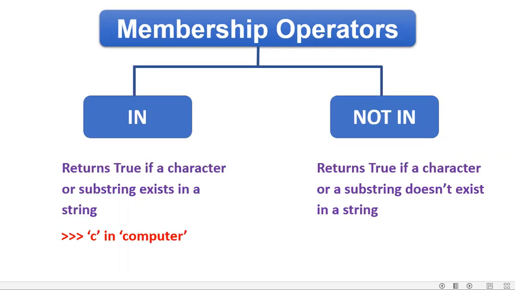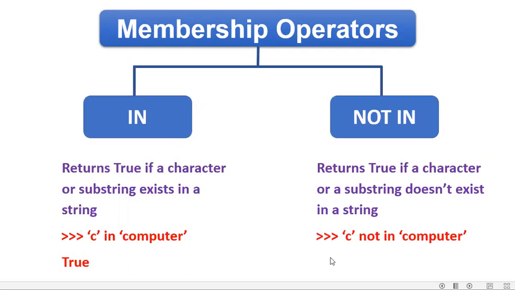For example, we are checking the character C in computer. C is a character whose availability we are checking in this particular string. As we can see, the very first character of the computer string is C itself, so I'll get the result true.